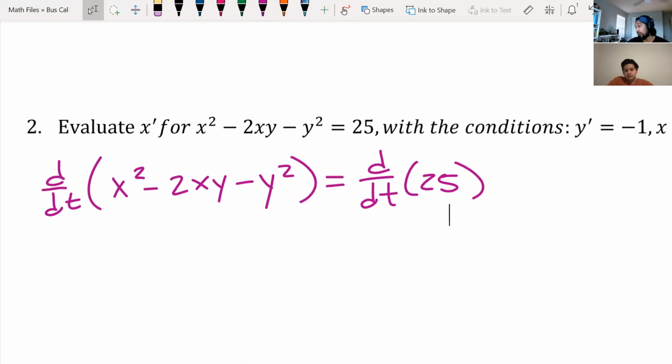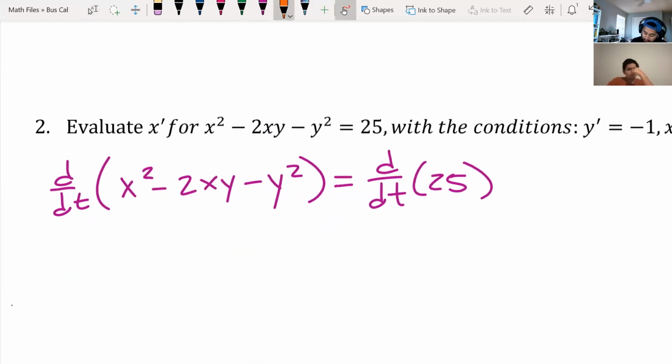Now we're taking the implicit derivative of everything, but before we start, we're going to come across a little issue here. We have 2xy. So this is going to use an implicit product rule again, just like last time.